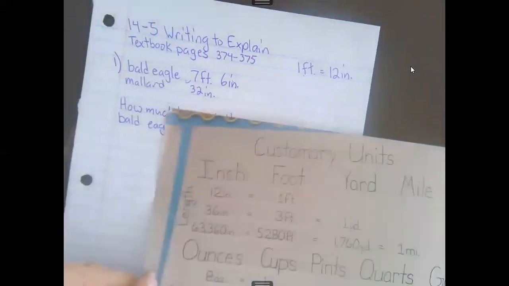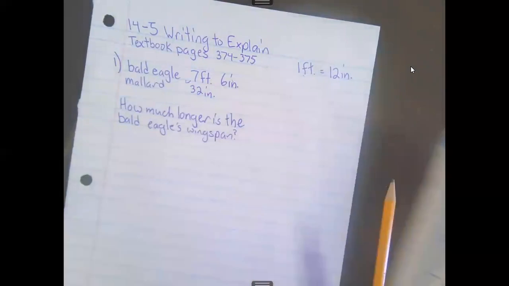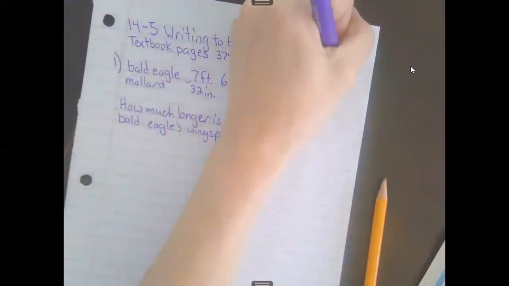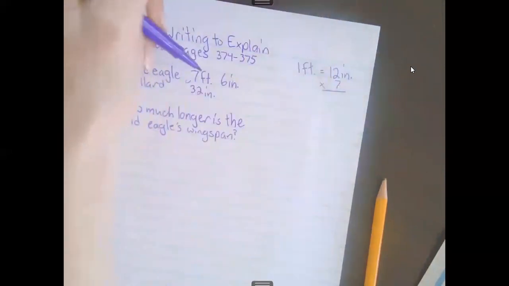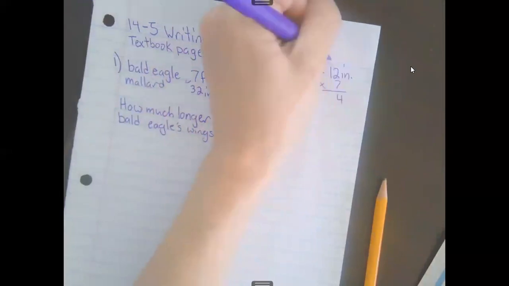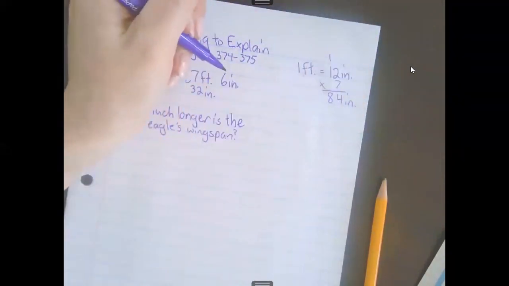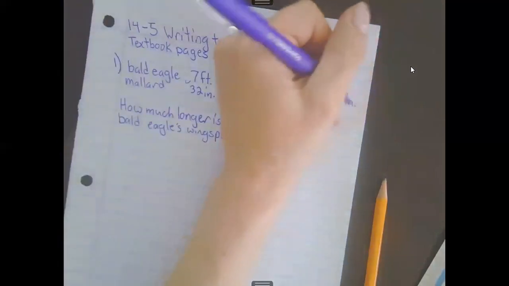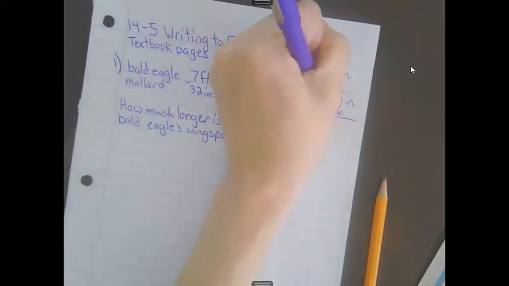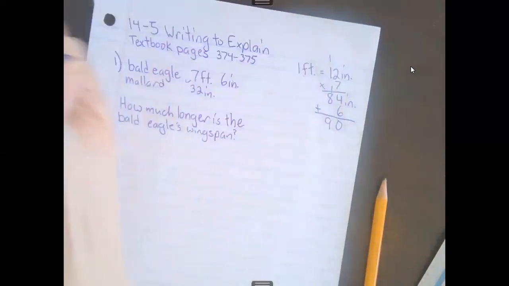And don't forget, I'm just going back and looking at my measurement chart, okay? If 1 foot is 12 inches, then I'm going to put a 7 underneath the 12 because I need 7 of them. So 7 times 2, 14, and 8. So 84 inches. But we can't forget we have to add back in that 6 because that's also included. That would make 90 inches.